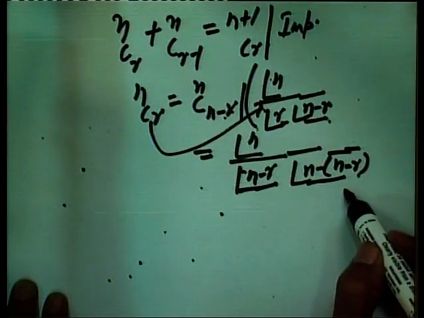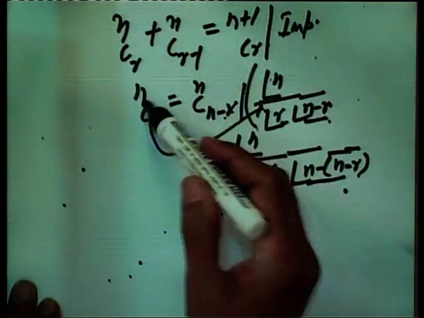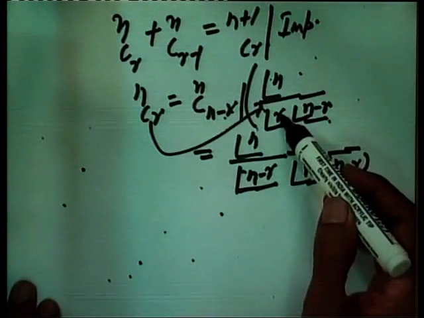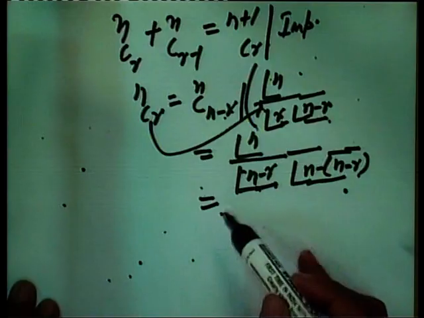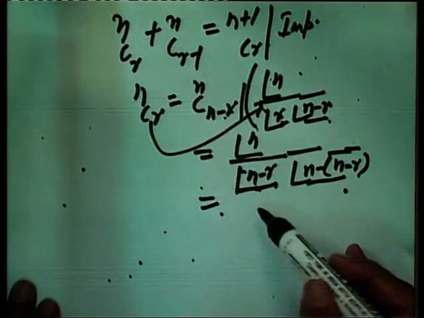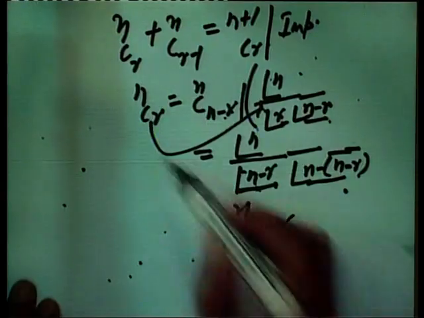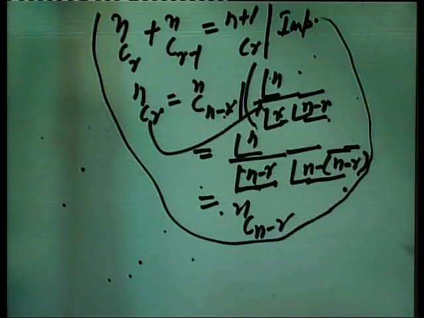If you compare this with the expression which I defined just now, that nCr is factorial n upon factorial r into factorial n minus r, here r is being replaced by n minus r. So, this is nothing but the same expression, that is nC n minus r. So, this is a very clever remark.